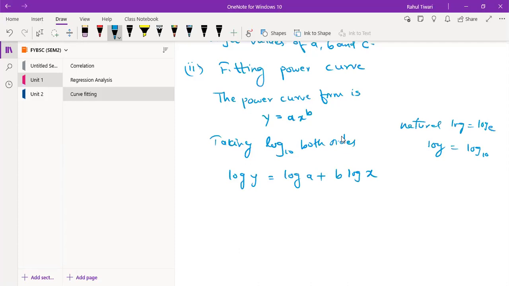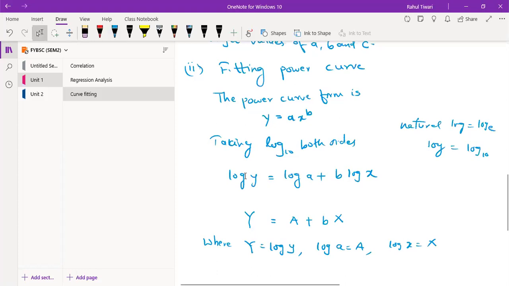Now assume this quantity will be, let's say, capital Y is equal to a plus b times x, where this capital Y is equal to log of y, log of a is equal to a, and log of x is equal to capital X. Or I can use some other alphabets, let's say Z or maybe W. Okay.